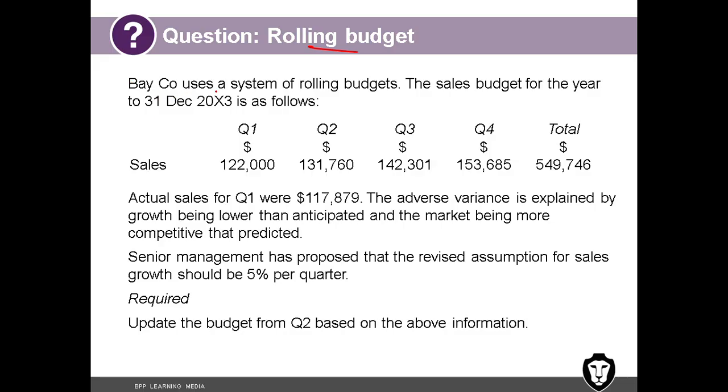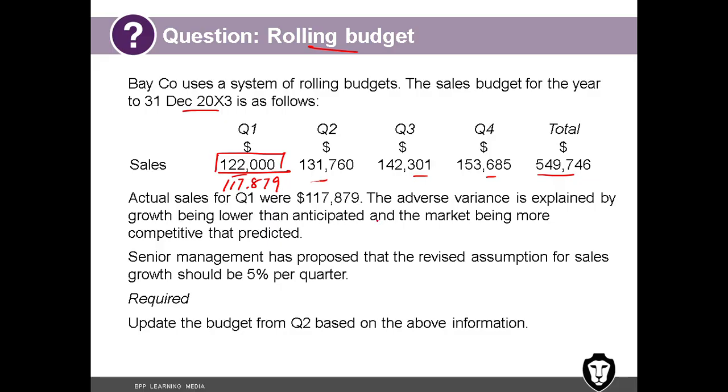Bay Company uses a system of rolling budgets. The sales budget for the year to 31st December 23 is as follows. Quarterly they have the budget and total. Actual sales for quarter 1 were 117,879. Okay, this figure, they have the actual figure now.